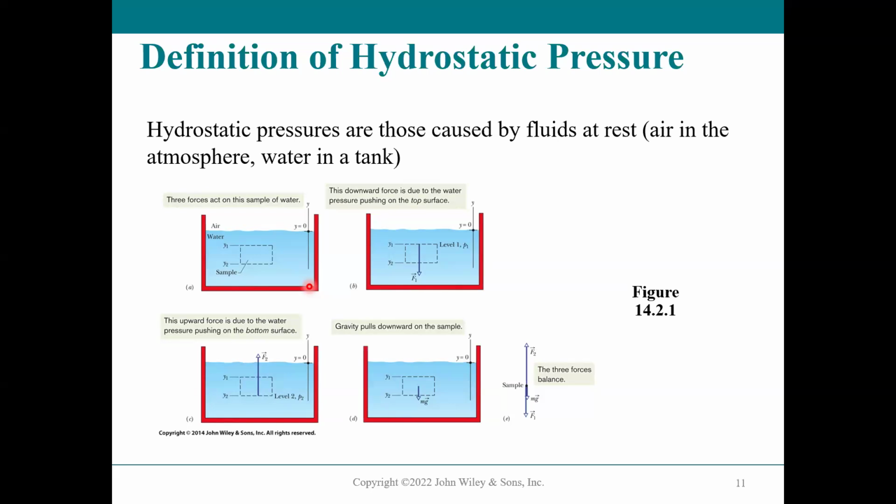So we can substitute here rho Vg divided by A. And we know that volume is A times H, where A is the area and H is the height level of the fluid. We substitute rho A H g divided by A. So we can eliminate the area, and then we get the formula for pressure: rho g h.